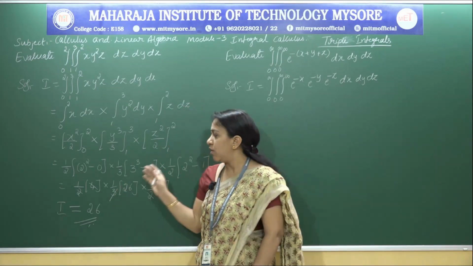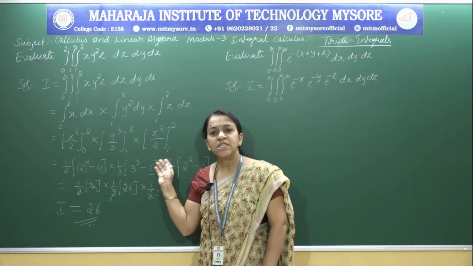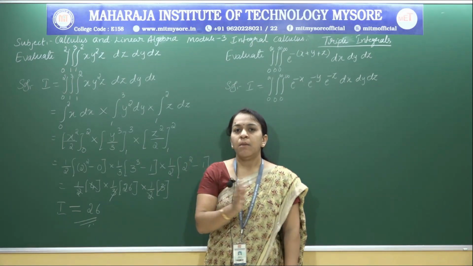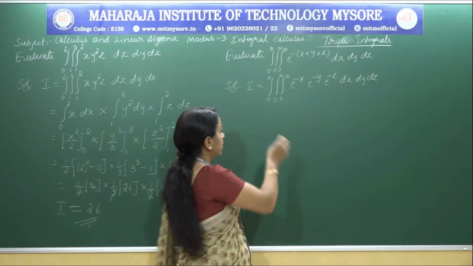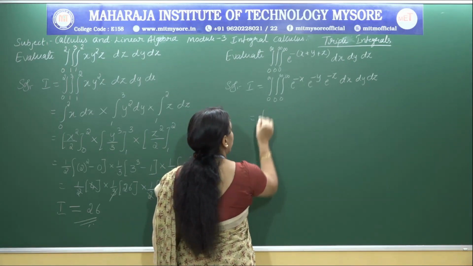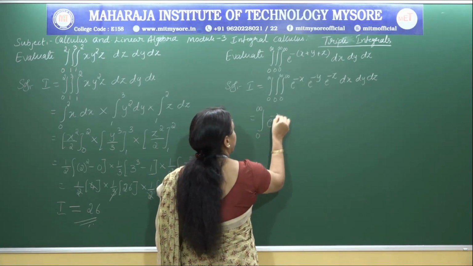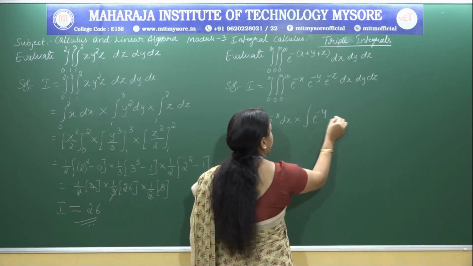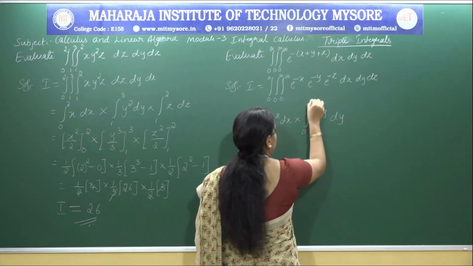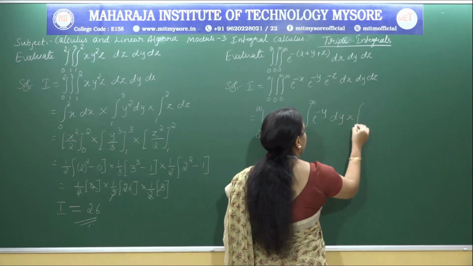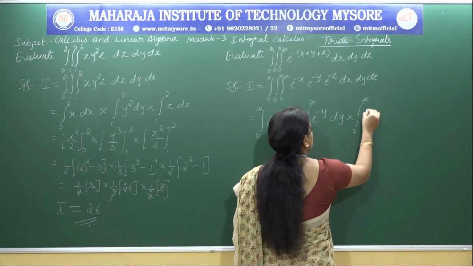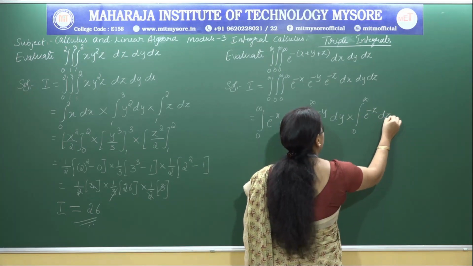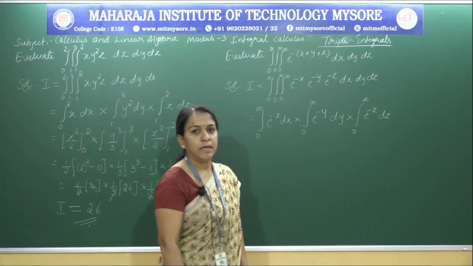As we solved in the first problem, we can split the triple integral as a product of 3 single integrals, that is the integral 0 to infinity of e power minus x dx, into the integral of e power minus y dy between the limits 0 to infinity, into the integral of e power minus z dz between the limits 0 to infinity.